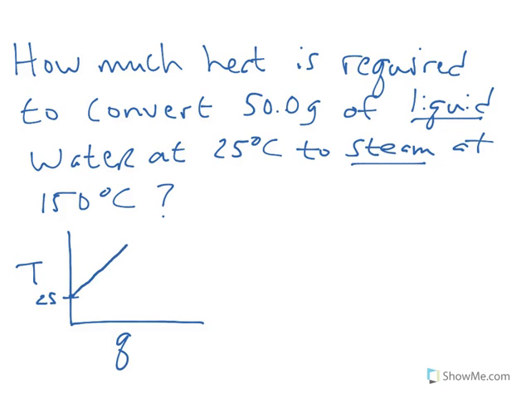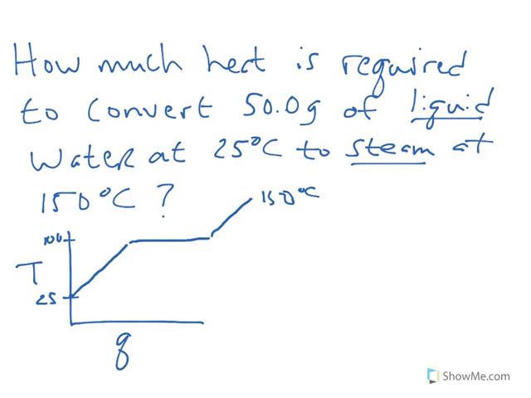So this is water warming, and then I hit 100 degrees. Once I hit 100 degrees, I'm going to do the latent heat of vaporization, and then I'm going to start warming the vapor up to 150 degrees.